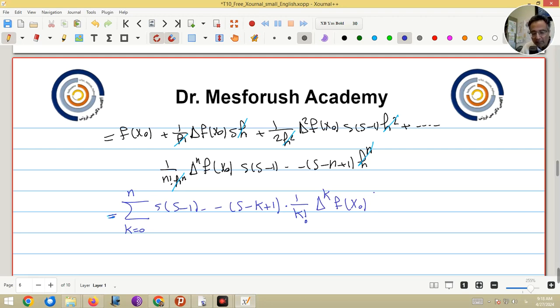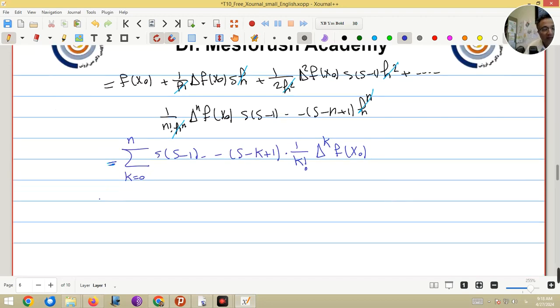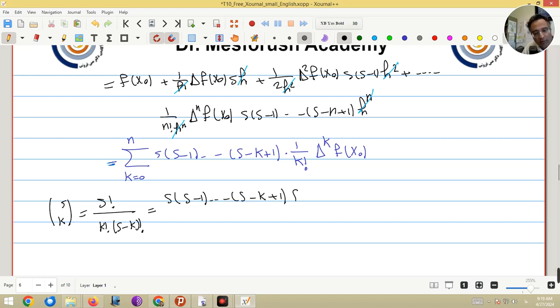Now let me borrow something from discrete mathematics. In discrete mathematics, we saw that the combination of s choose k is equal to s factorial over k factorial times s minus k factorial. And let me write s times s minus 1 up to s minus k plus 1, times s minus k factorial, over k factorial times s minus k factorial.